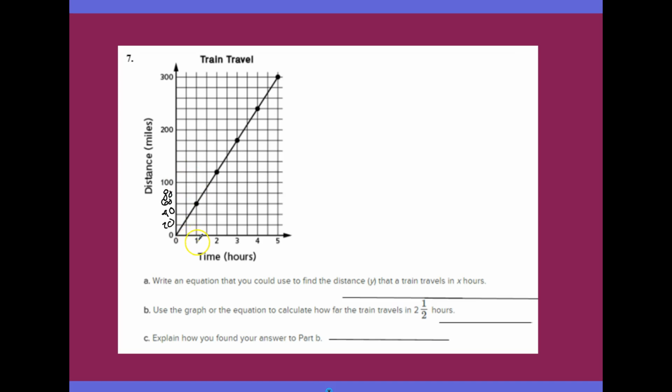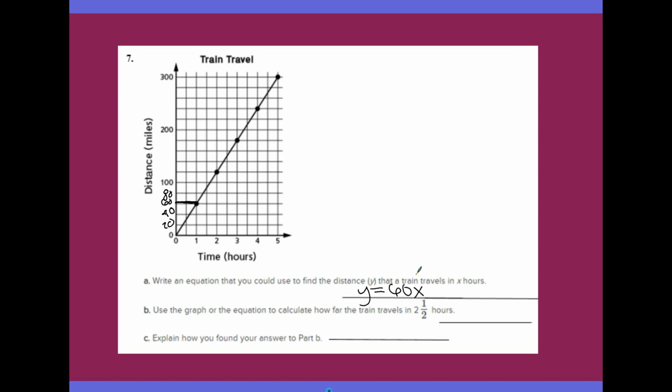So I know that at 1 hour, my graph tells me that the train is traveling 60 miles per hour, okay? So my equation is going to be y equals 60 miles an hour. So for every hour that my train is traveling, it's going 60 miles. Okay, so 60 times x, for x is going to represent the amount of hours. Okay, so that would be my equation.